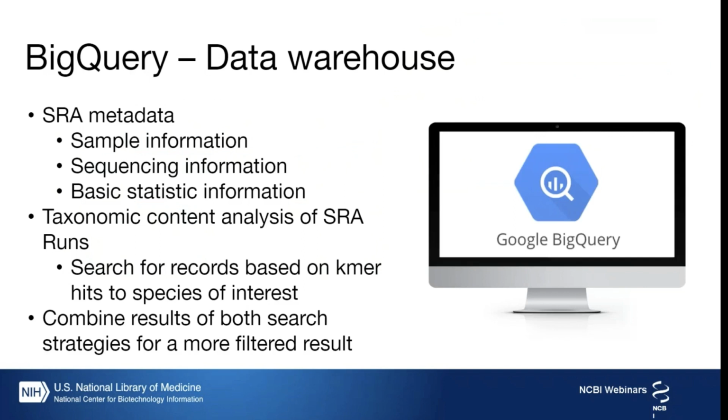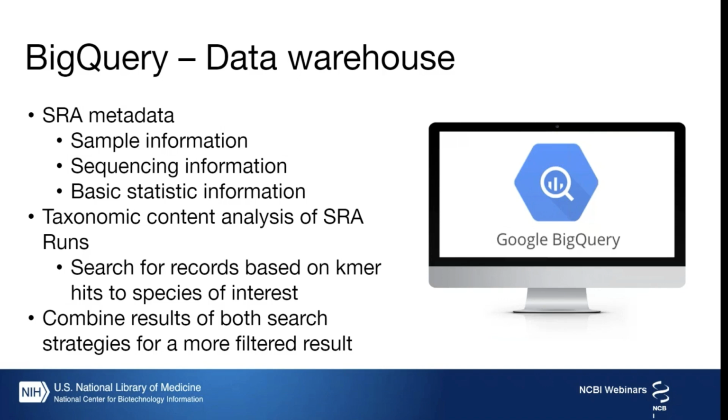So BigQuery is just a giant data warehouse, and we've deposited two data sets into it. The first is the SRA metadata, which includes sample information, how the sample is sequenced, and some basic statistics on the sequencing run that was performed. The second data set that we have is the SRA taxonomic content analysis.